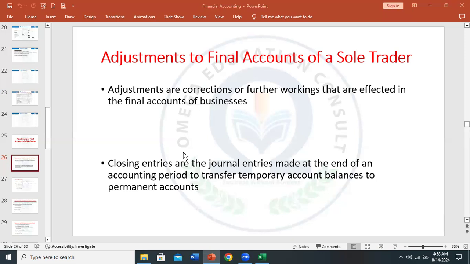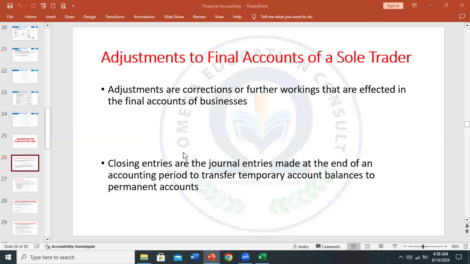So, let me quickly explain these concepts, and then you see there are not any kind of strange things we do. When we say adjustment, we are referring to corrections you have to effect in the final account. It can so happen, like for instance, what happened yesterday, where we interchanged the figure for carriage outwards and carriage inwards.